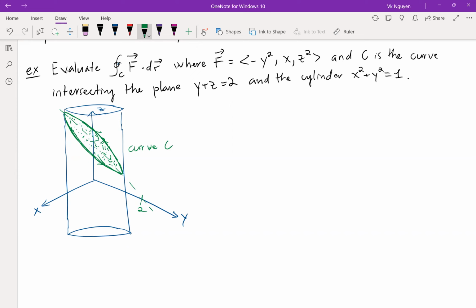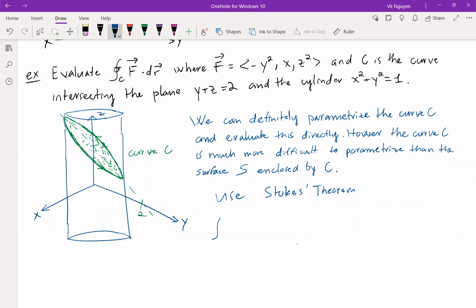We can definitely parameterize the curve C and go through the dot product, which is not too bad. However, this section is on Stokes' theorem, so let's look for the alternative way to do it.